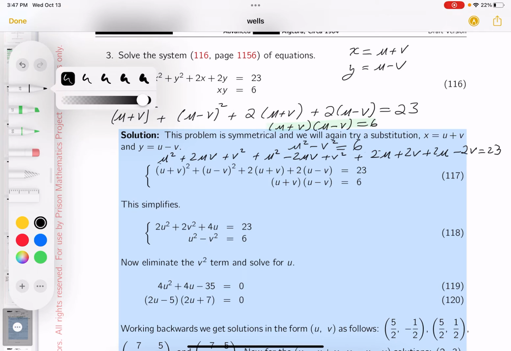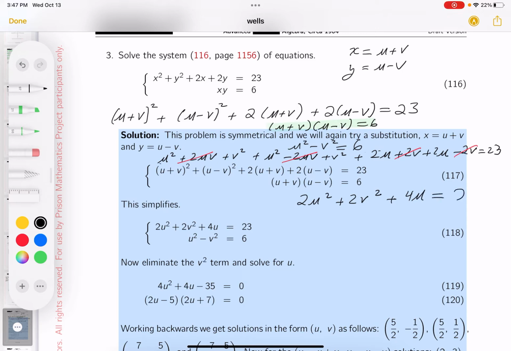That disappears. The v's disappear. Let's write it down now. What do you get? You're going to get 2u squared, 2v squared, and you get 4u equals 23. And so it's still a dead end.